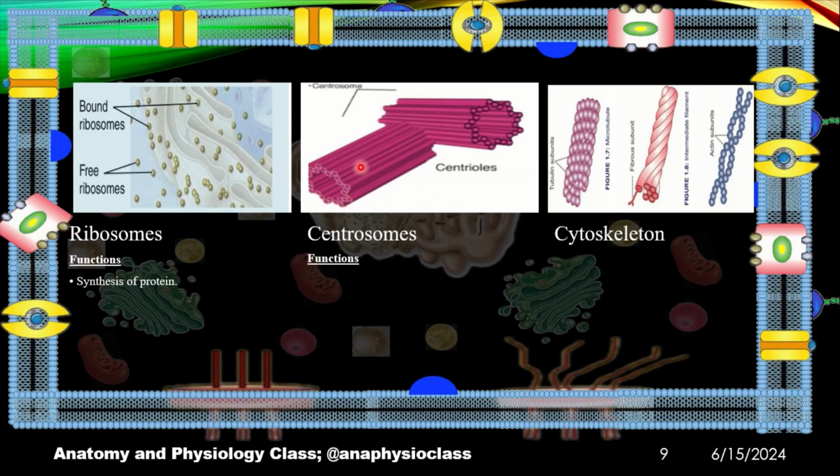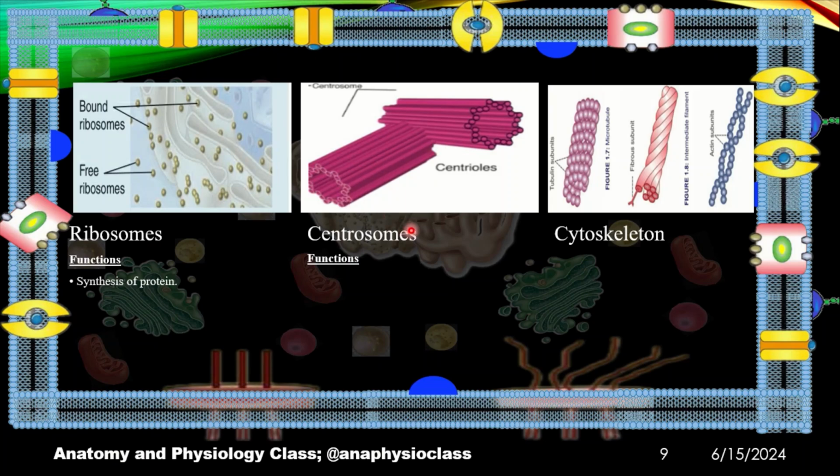And centrosomes. Centrosomes are organelles that contain some tubular structures that are responsible for dividing chromosomes or chromatids during the process of cell division, and those tubular structures are known as centrioles.